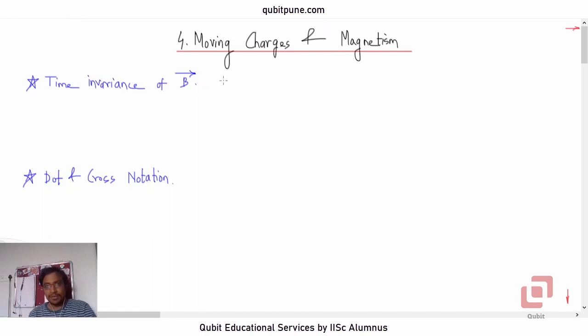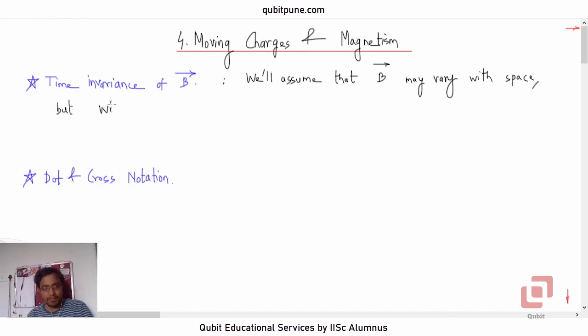This basically means we will assume that the magnetic field may vary with space, but will never vary in time. This is an assumption that we made.